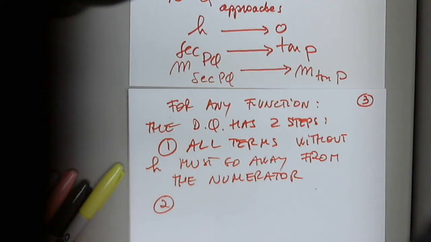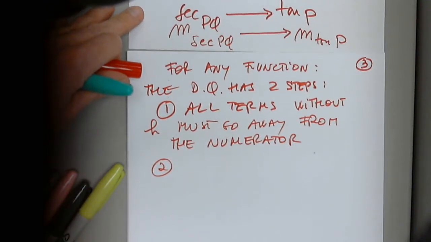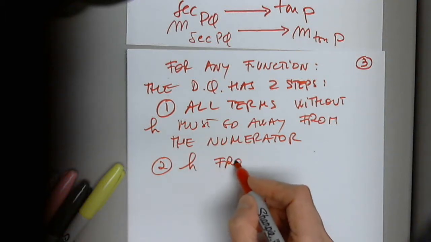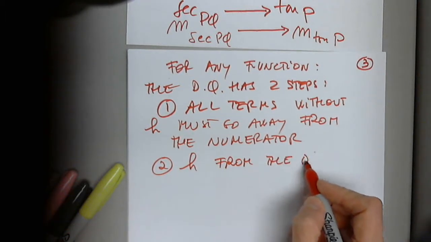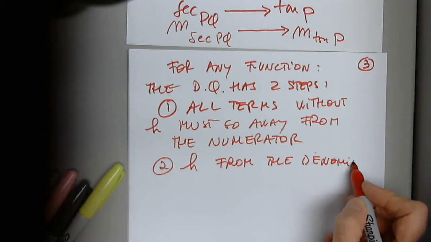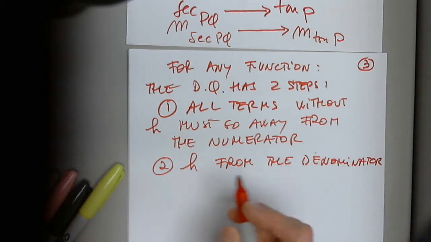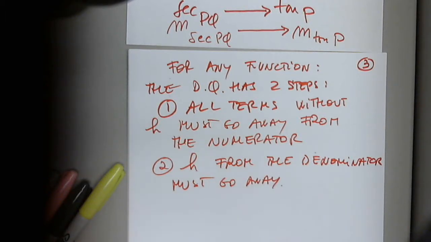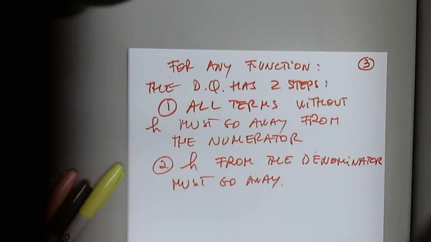In step 2, for any function, the h from the denominator also must go away. Meaning you will simplify. We're not going to erase it.